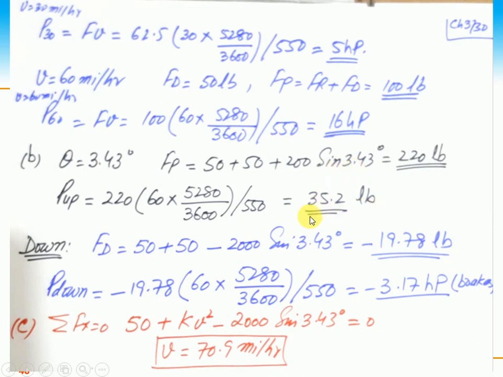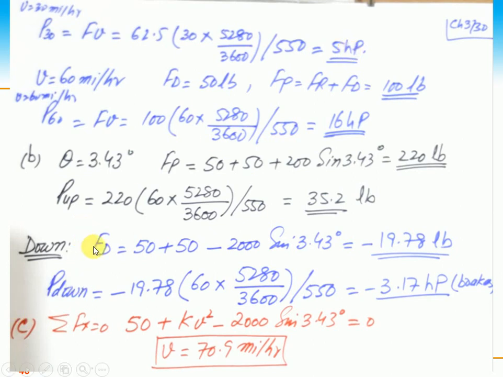It is 35.2 for P up. Sorry, this is not pound, this is 35.2 horsepower. So you see, in this case, more power is required than in the previous case.